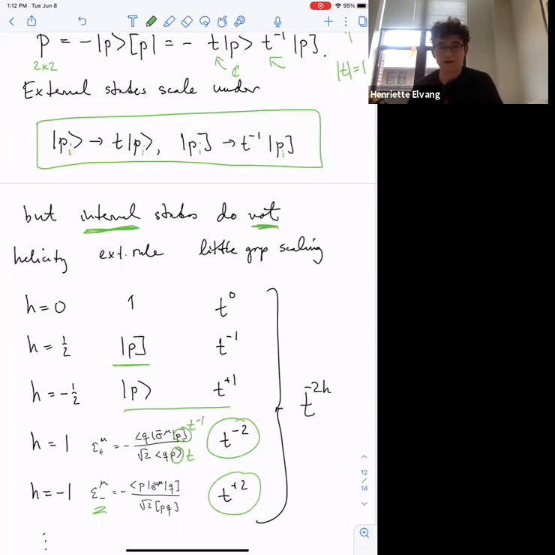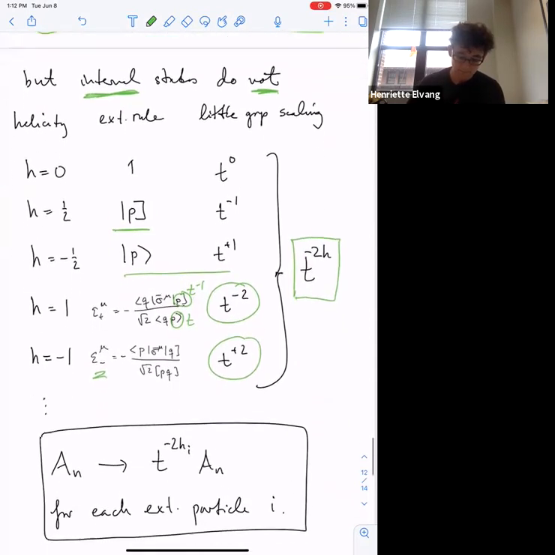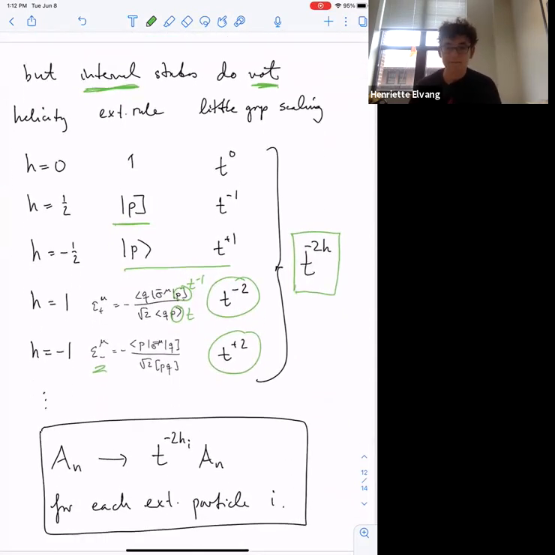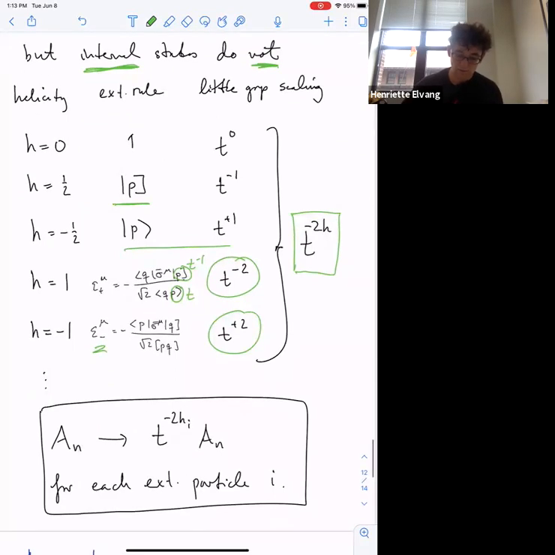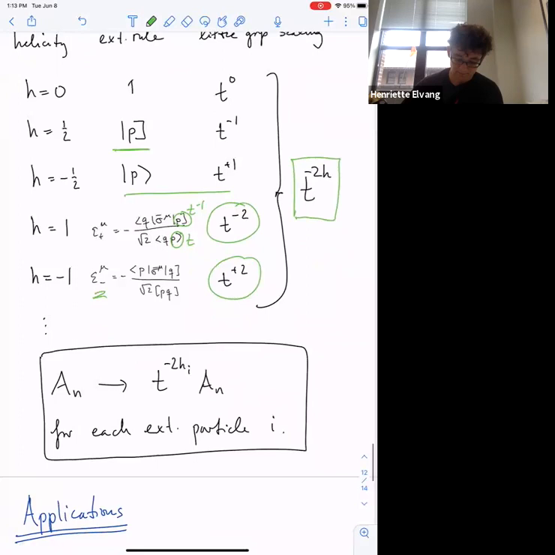So putting all these five data points together, you can quickly infer that the amplitudes scale homogeneously with t to the -h for any one of the particles that I perform little group scaling on. That's so important that I boxed it: for any one external particle I scale, there's a little group scaling that depends just on the helicity of that particle. It is also true for the gravitinos and for the gravitons.